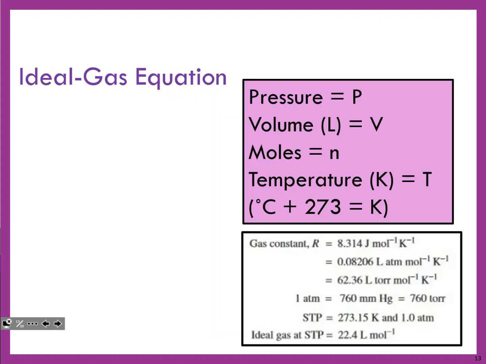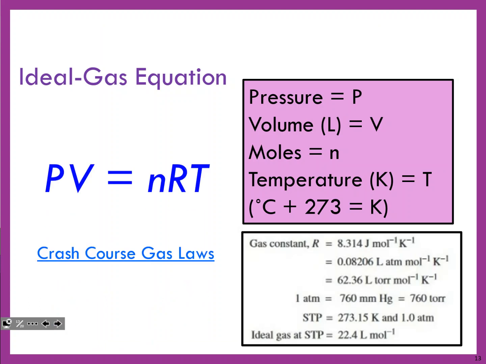All right, ideal gas equation, PV equals nRT, of course. Pressure is P, volume is V, but do remember that volume in this equation has to be in liters, because all of the R's, the ideal gas constants, are in liters.